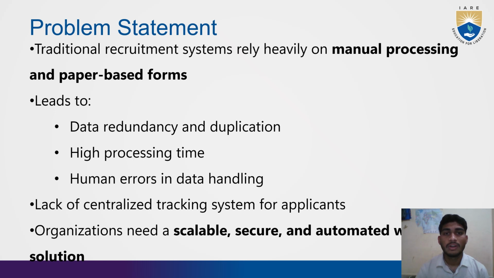Problem statement. Before going to the objectives, what are the problems we are facing in traditional recruitment systems? Traditional recruitment systems rely heavily on manual processing and paper-based forms. For example, we have resume submission forms.